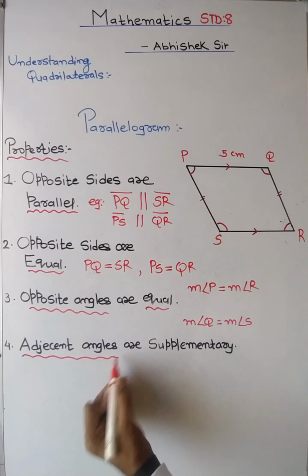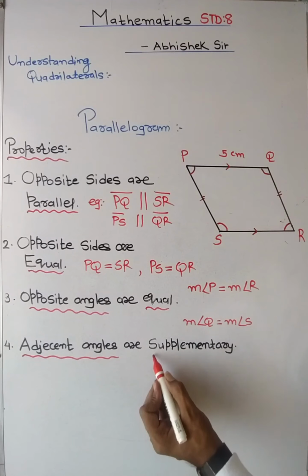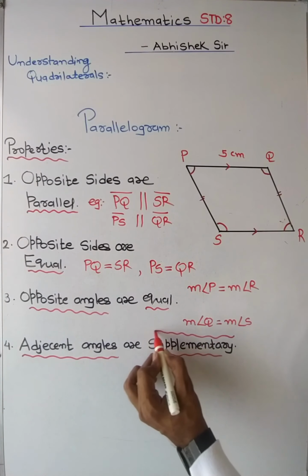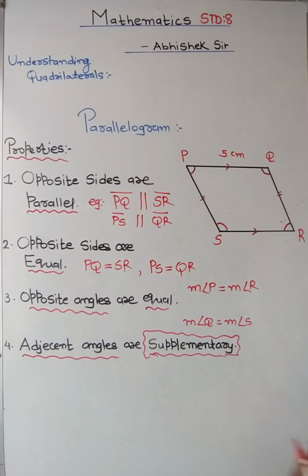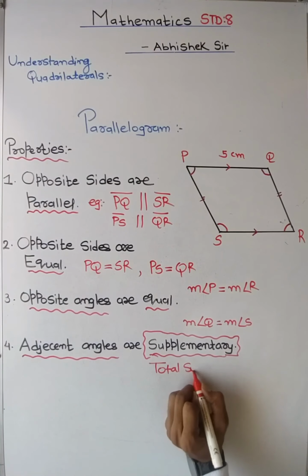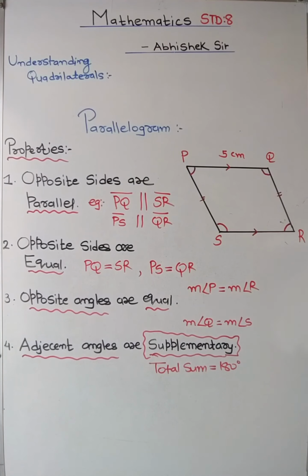Now no opposite elements, only adjacent. Adjacent angles are supplementary. Very important word, right? Adjacent angles are supplementary, which means the total sum of those angles will be equal to 180 degrees.